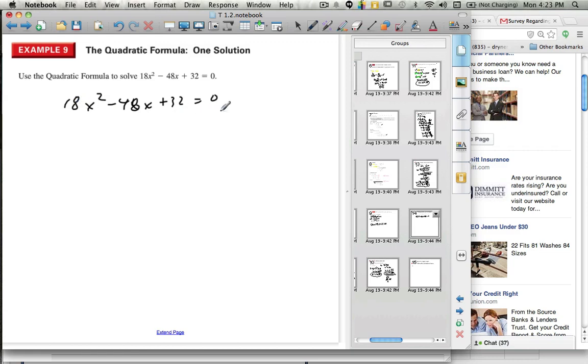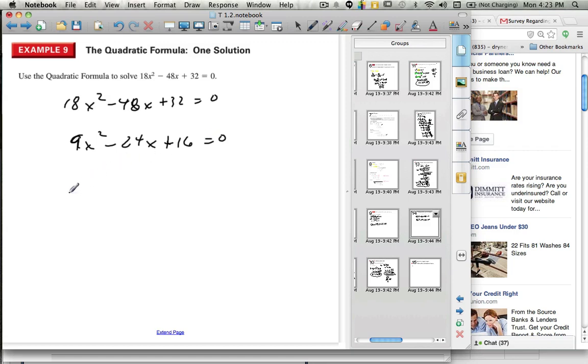And what I can do is I know I can pull a 2 out of everything, so I'll get 9x squared minus 24x plus 16 is equal to 0. So that made my numbers a little bit smaller. And that's it. I can't really simplify it any further.